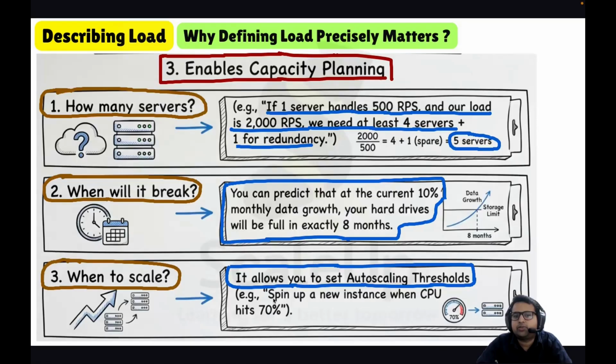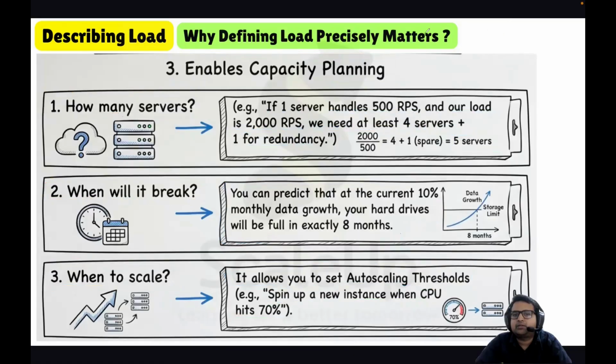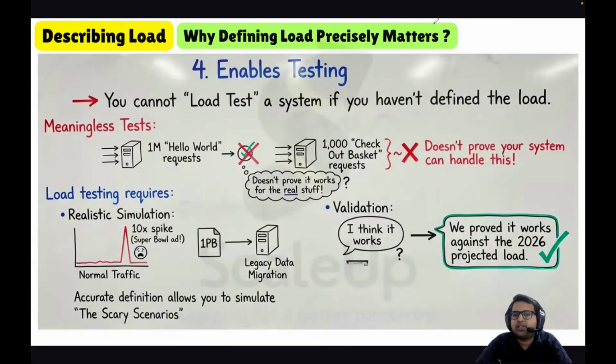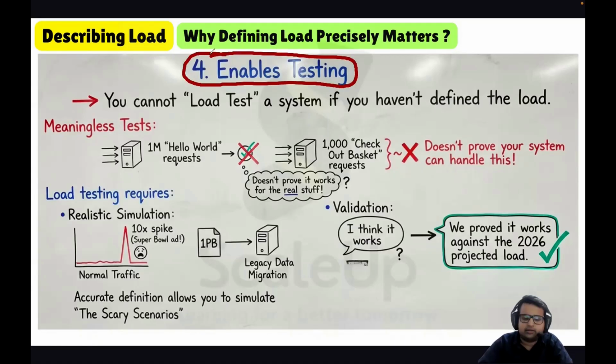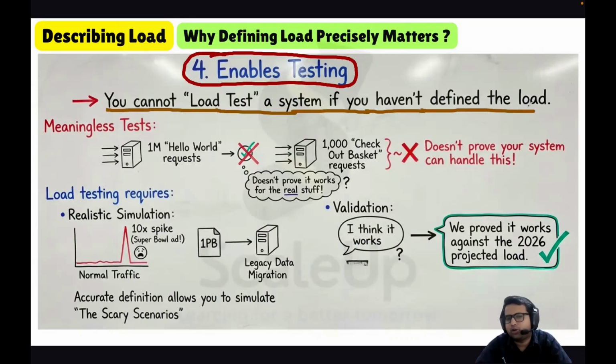Like you can spin up a new instance when CPU hits 70%. So defining load precisely enables capacity planning. And if you define the load precisely, it enables testing as well. See, the idea is very clear: you cannot load test a system if you haven't defined the load.